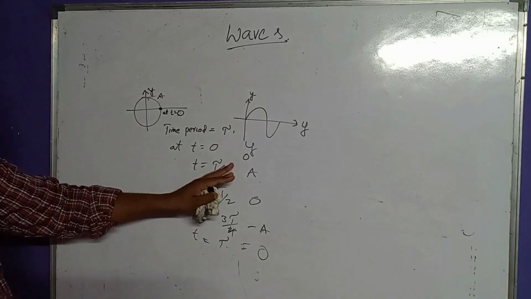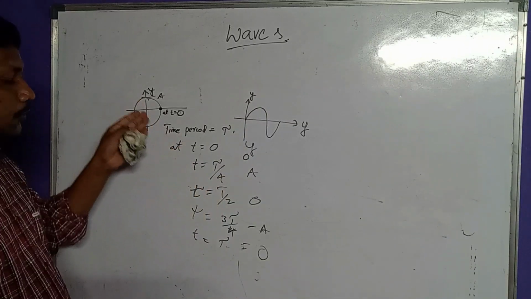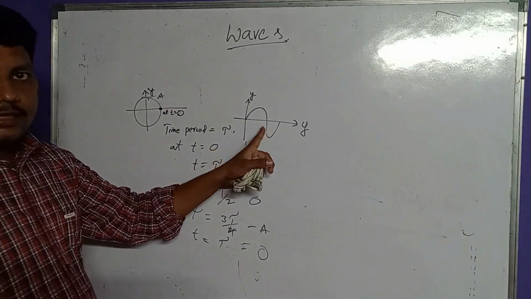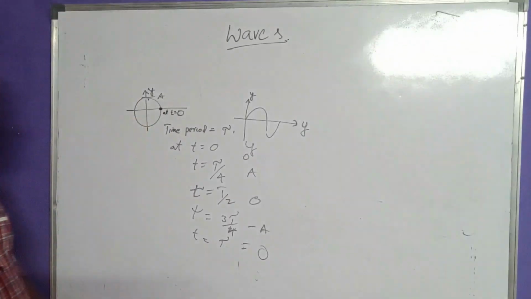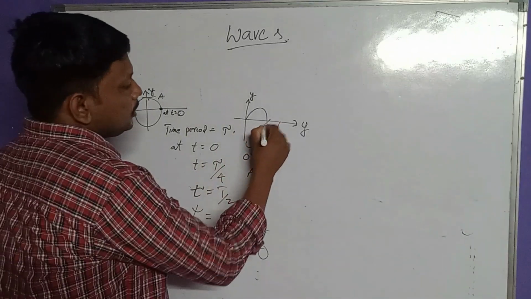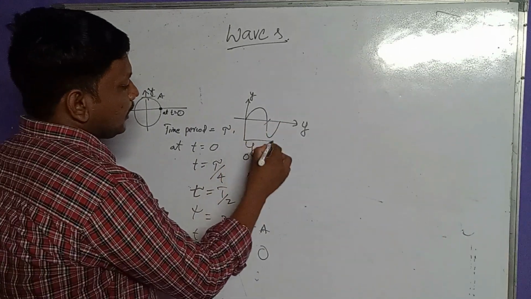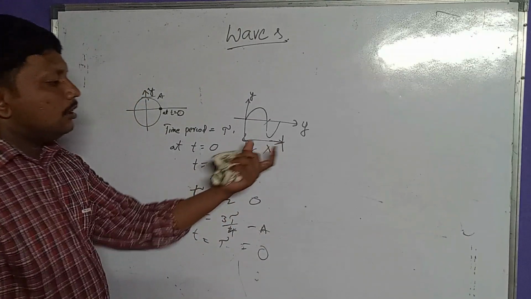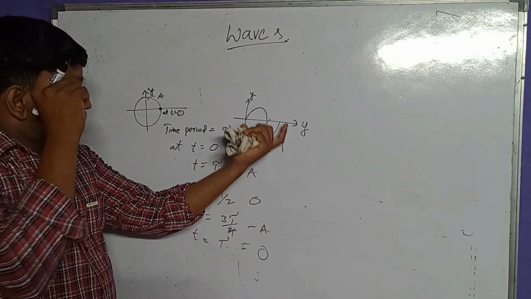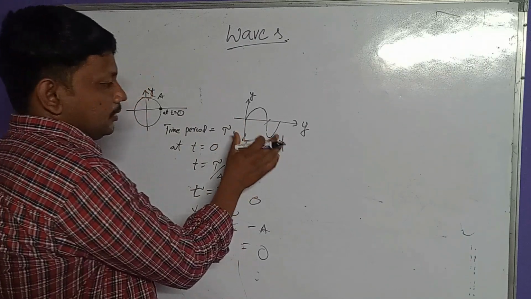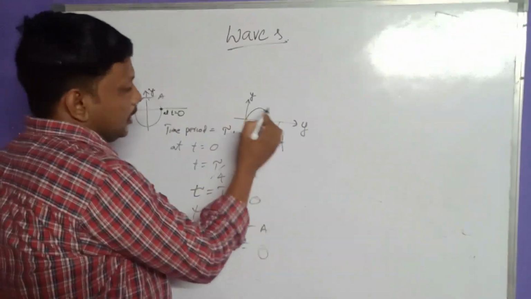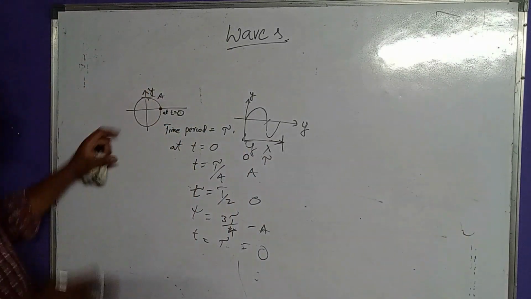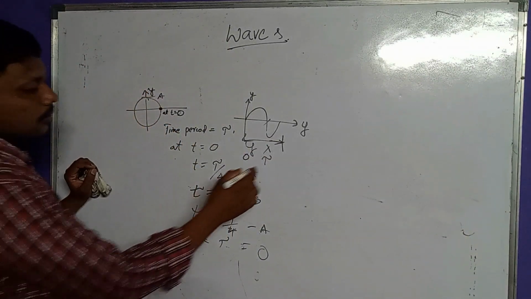If we draw the graph between amplitude versus time, we will get this sine wave, right? This length is lambda. This is the wavelength, the length of the wave, and the time taken for completing one circle is tau.